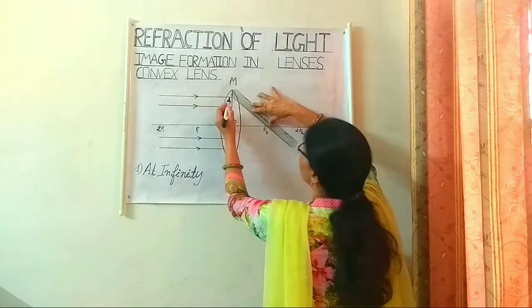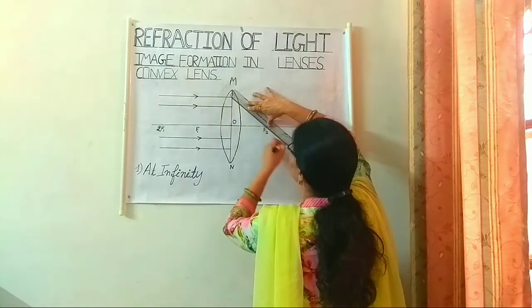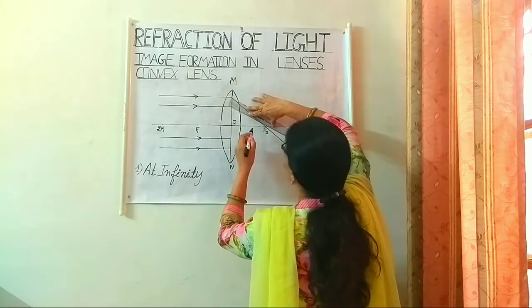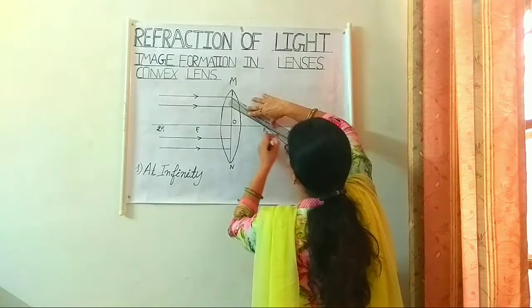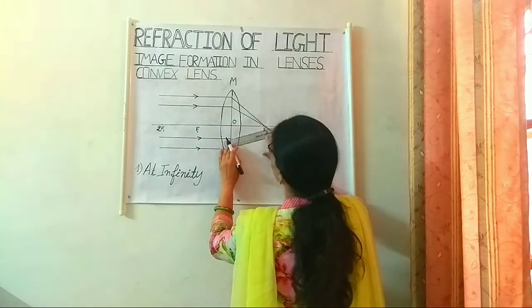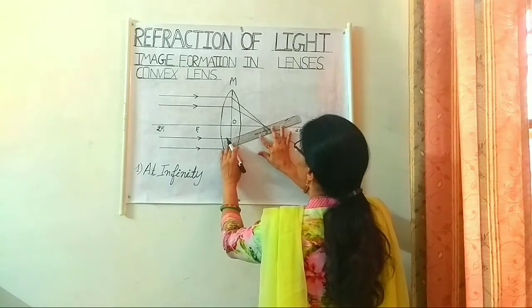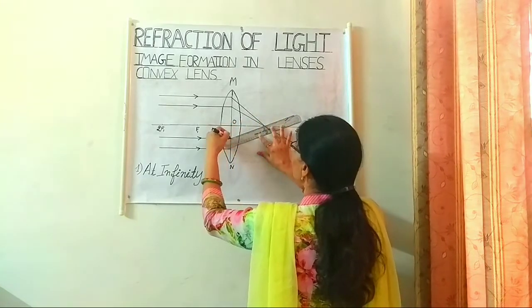This is our first incident ray and it will pass through the focus like this. This is our second incident ray and it will pass through the focus like this. And this is our next incident ray and this will also pass through the focus like this.